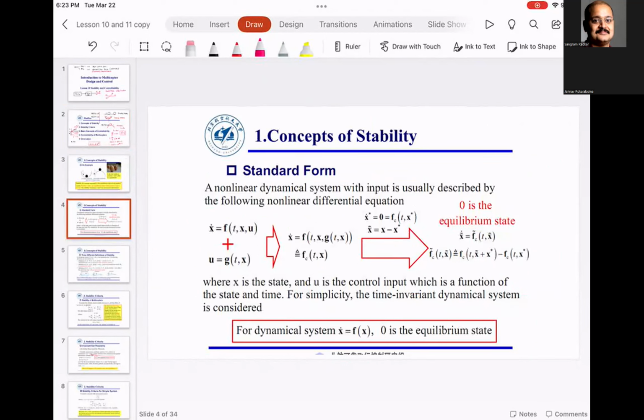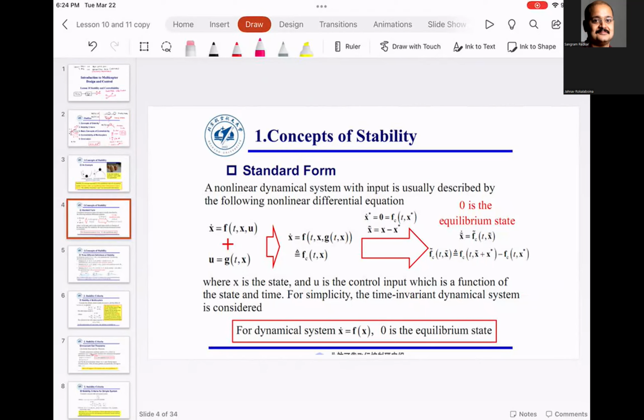Now, this equation may look a little bit confusing, but it is saying the same thing. The only unfortunate part is that it is in the language of mathematicians. Unfortunately, the next few slides talk about the concept of stability from a mathematics point of view, and I will explain what it means.